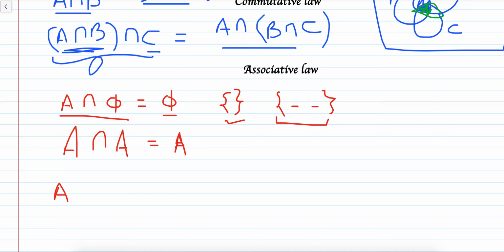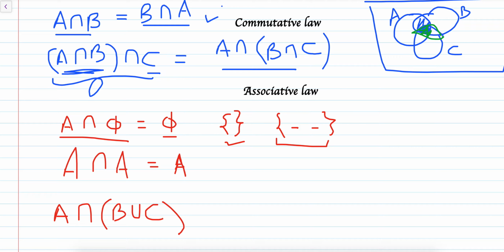Next we can see, so in associative property we had all intersection here. So here we have first is intersection, second is union.